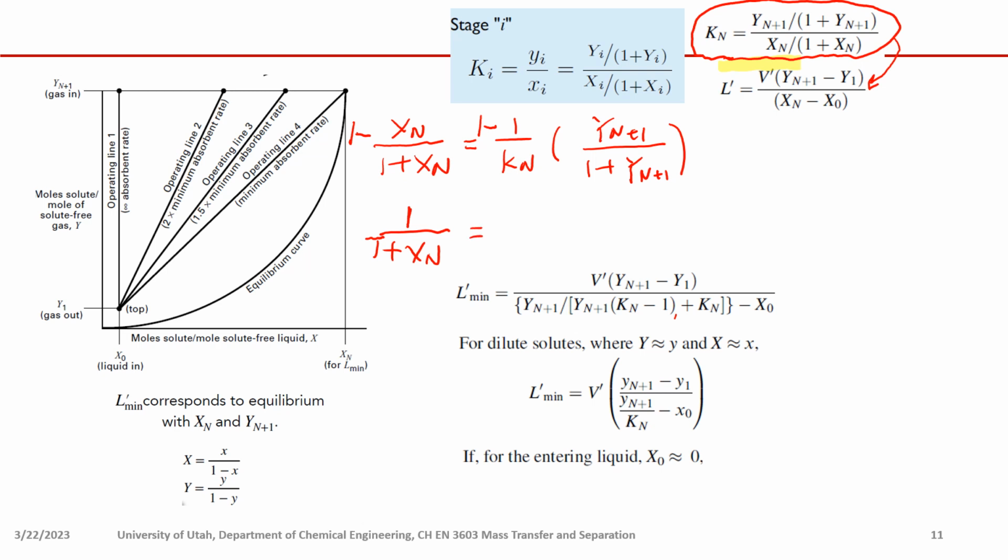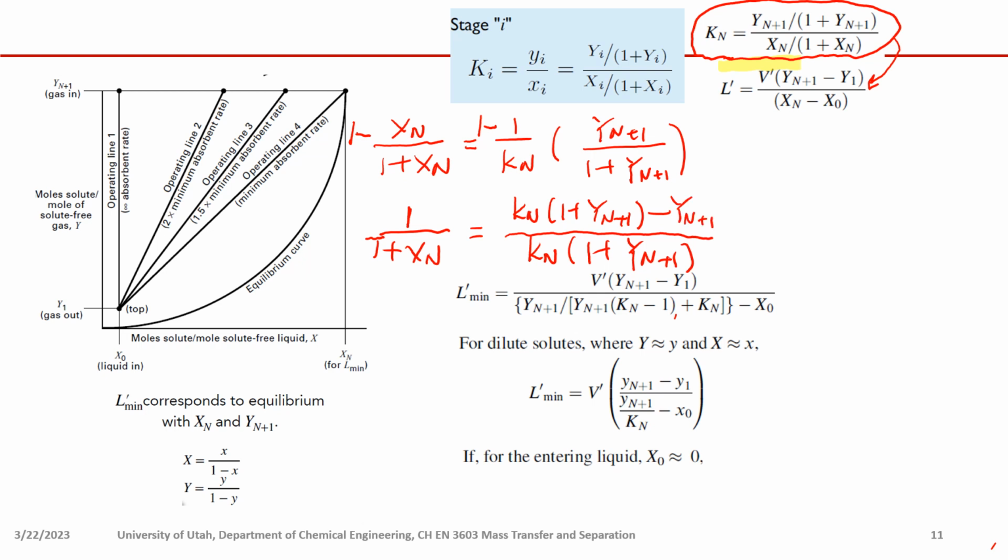On the right hand side, we can plug in Kn here, 1 plus yn plus 1, on the denominator. Then above the fraction line we have Kn times 1 plus yn plus 1 minus yn plus 1. Okay.